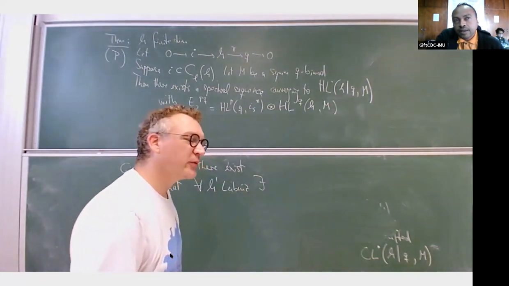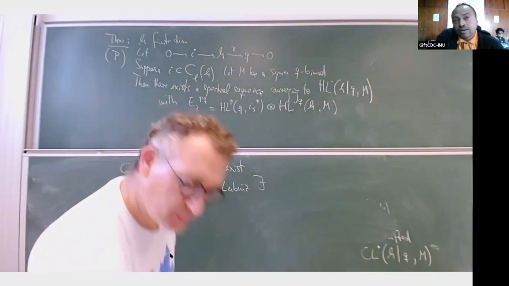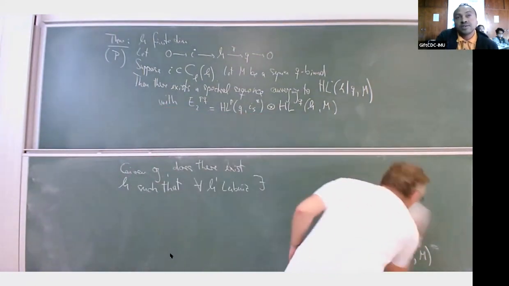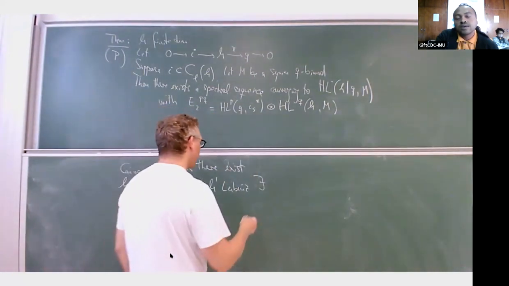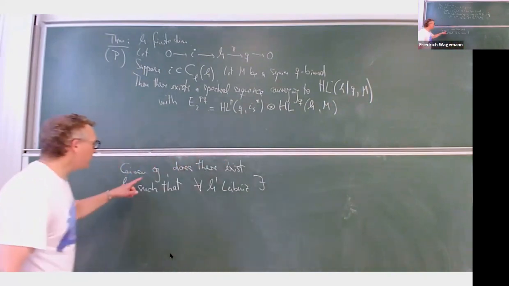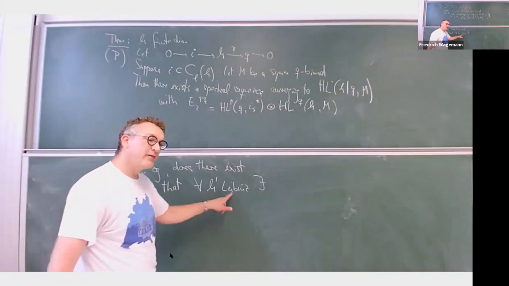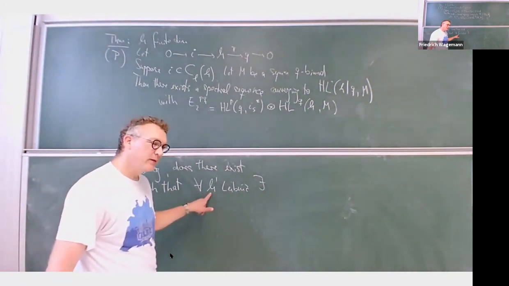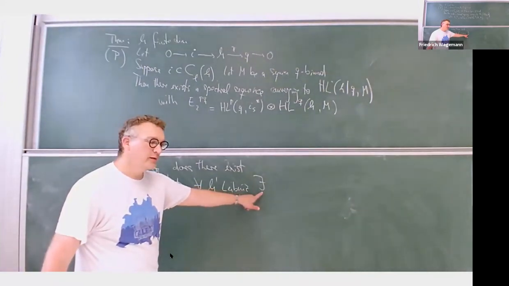What is an H Lie algebra? H indexed Lie, as you said in your talk. So given G, does there exist H such that for all other Leibniz algebras H prime, there exists?